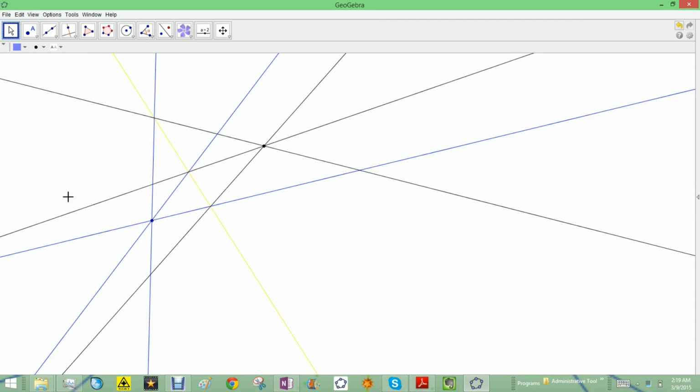Okay, so now I'm going to talk about the dual concept, but before I do, let's just recap. I previously talked about a perspective from a blue line to a black line using a yellow point. So now I'm going to talk about the dual idea, which is a perspective from a blue point to a black point using a yellow line, called the axis of perspectivity.